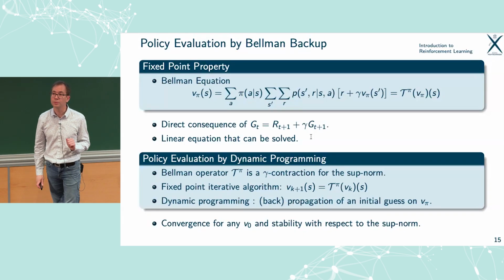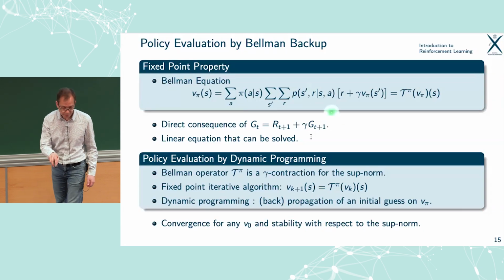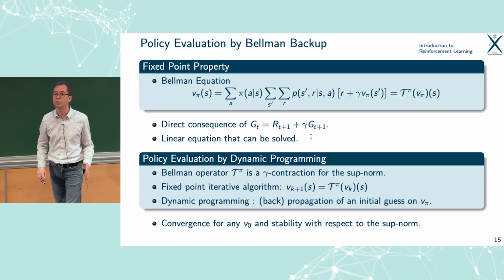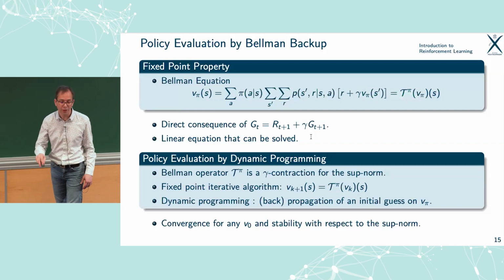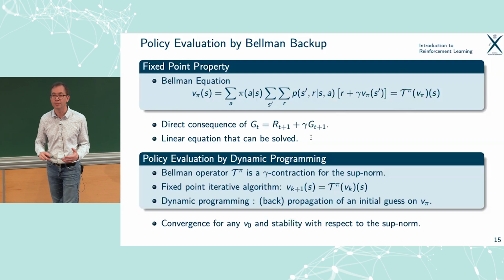By solving this equation through a fixed point algorithm. If you look at this equation, V pi is equal to the image of V pi through a linear operator. This is a fixed point equation. And it turns out that this operator, which we know explicitly, is a contraction for the sup norm.